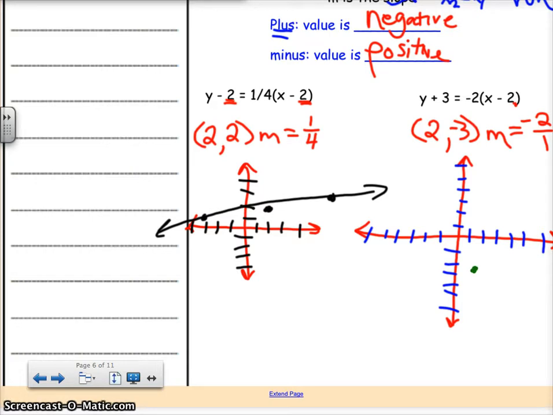I'm about right here. And it looks like I go down 2 over 1. So down 2 over 1, or up 2 over 1. So I'm going to have a line that looks like that. Okay?